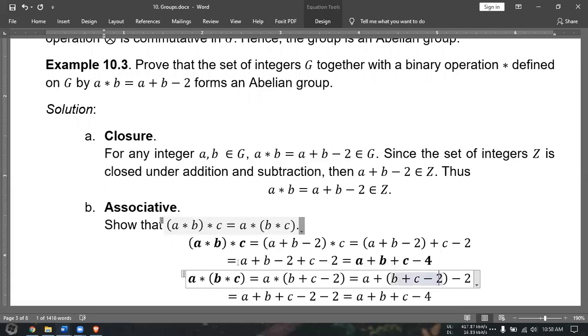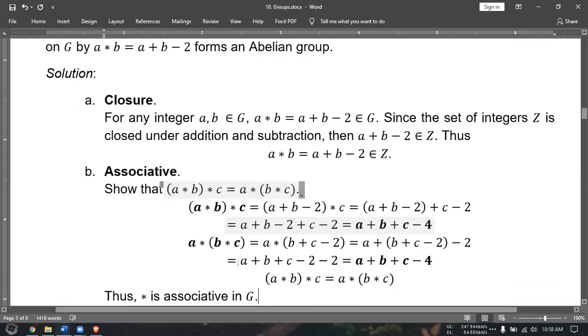And simplifying this, we will have A plus B plus C minus 2 minus 2. And yes, the left and the right side of the equation by associativity are equivalent: A plus B plus C minus 4. Therefore, we can say that the binary operation is associative in the set G, or in the set of integers.